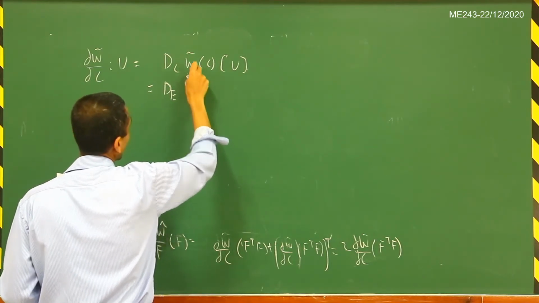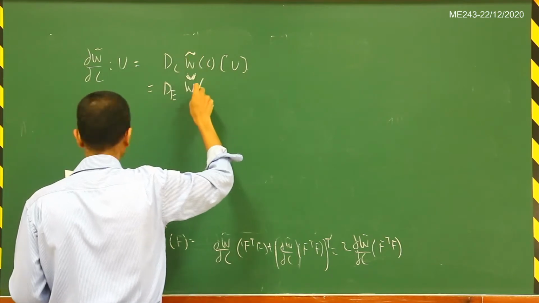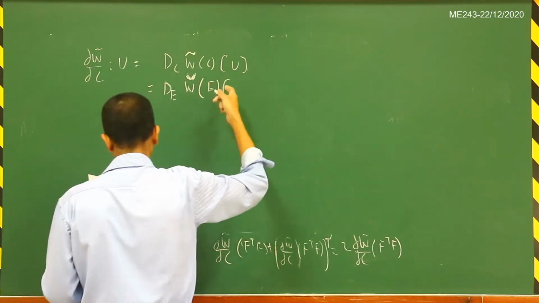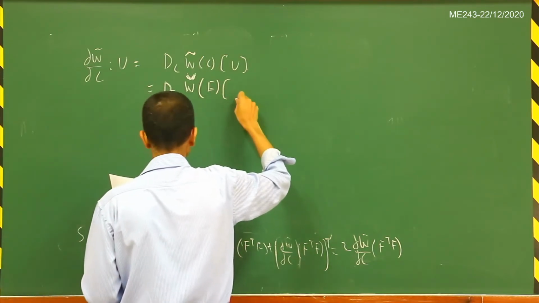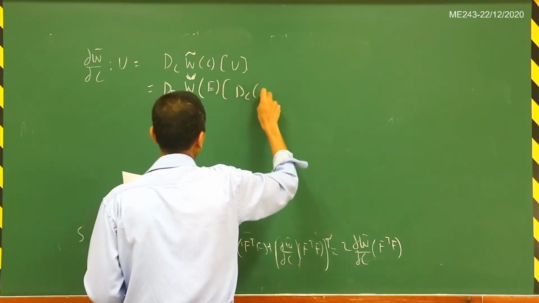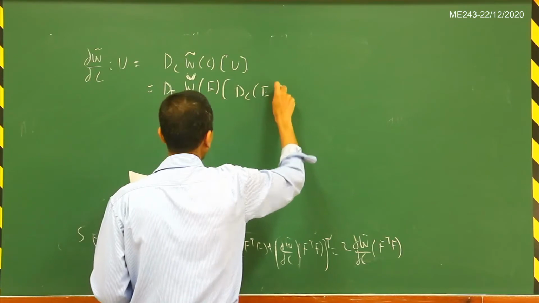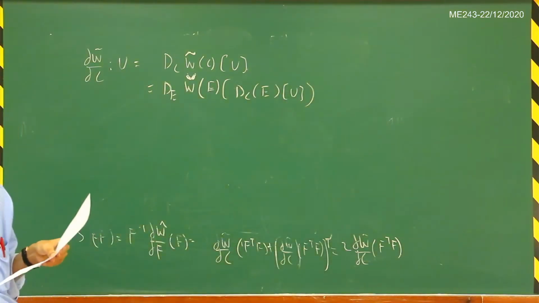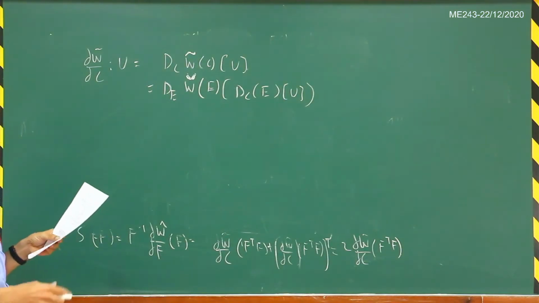This is a new function that I am denoting here. So this is E. Again, it's very similar to the previous proof. So this is D_C of E in the direction U. Again, I'm just simply using the chain rule, exactly like I did in the previous case.